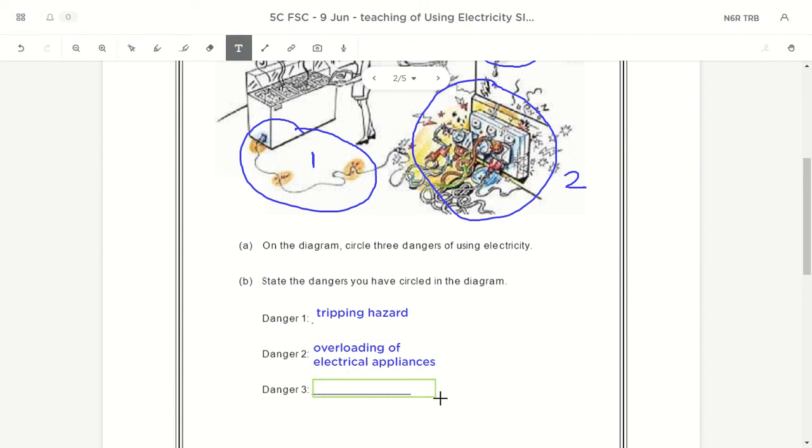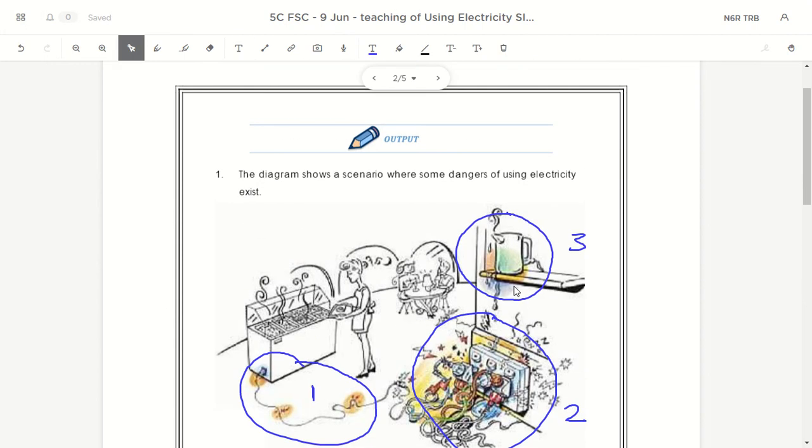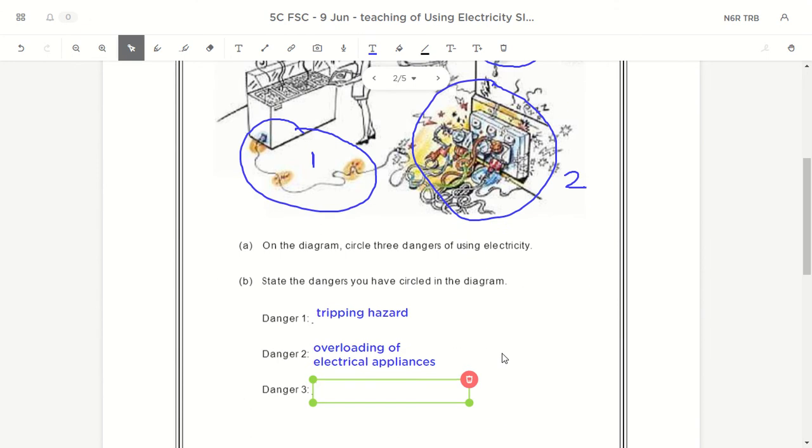So danger number 3, if you cannot see, is about this water kettle dripping. It seems fine, but you realize water is dripping onto the power point, so there is a problem here. The first problem here is that the water may short circuit the electrical connection.